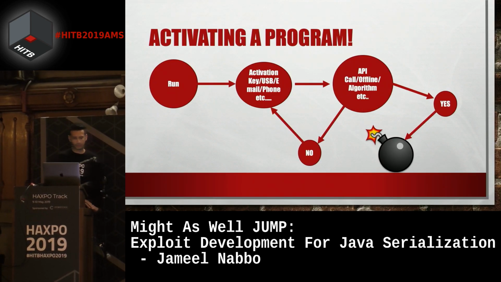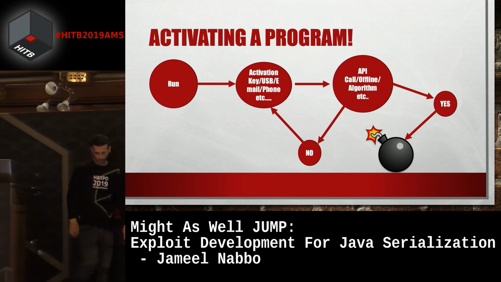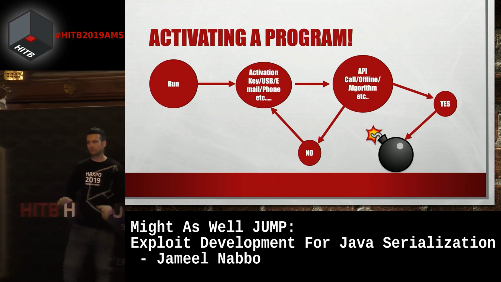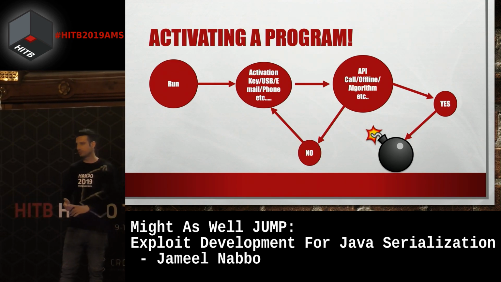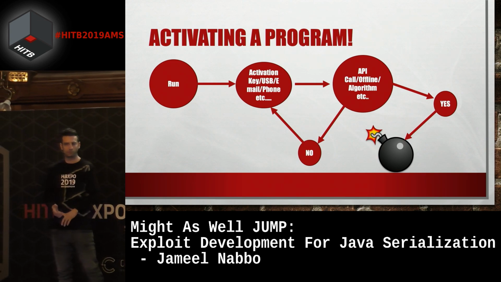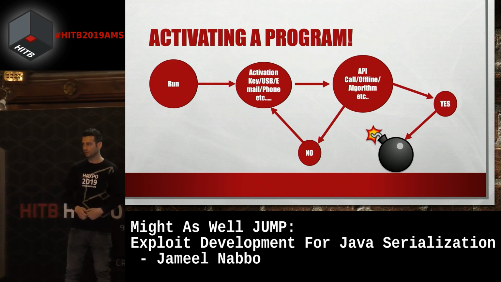About activating a program or software. The application, of course, should run, and after running, whatever the complexity, it's gonna depend on an activation key, mobile phone, downloading a dependency, or a USB or whatever.